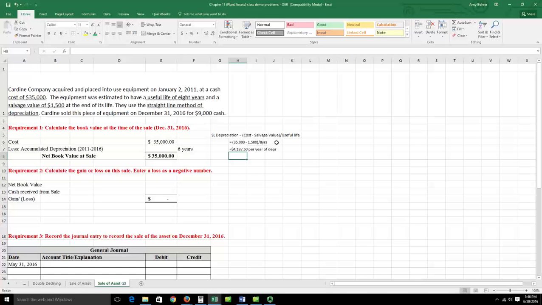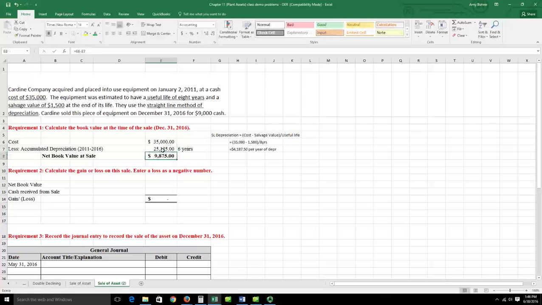And so since we know we're going to debit depreciation expense and credit accumulated depreciation $4,187.50 per year, and we know that they've owned this asset 6 years, because we just calculated it, 2011 to 2016 equals 6 years. We can multiply the depreciation per year times the 6 years, and that will give us our accumulated depreciation: $4,187.50 times 6 years.